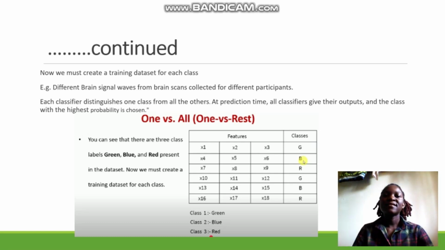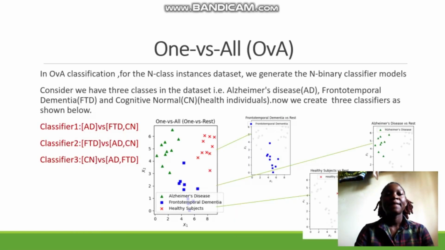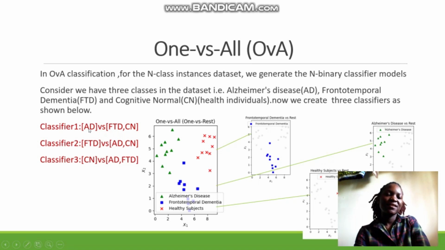At the prediction time, all classifiers give their outputs, and the class with the highest probability is chosen. Let's say now we have fed brain signal waves to all three classifiers, and at the prediction time they all give their outputs.